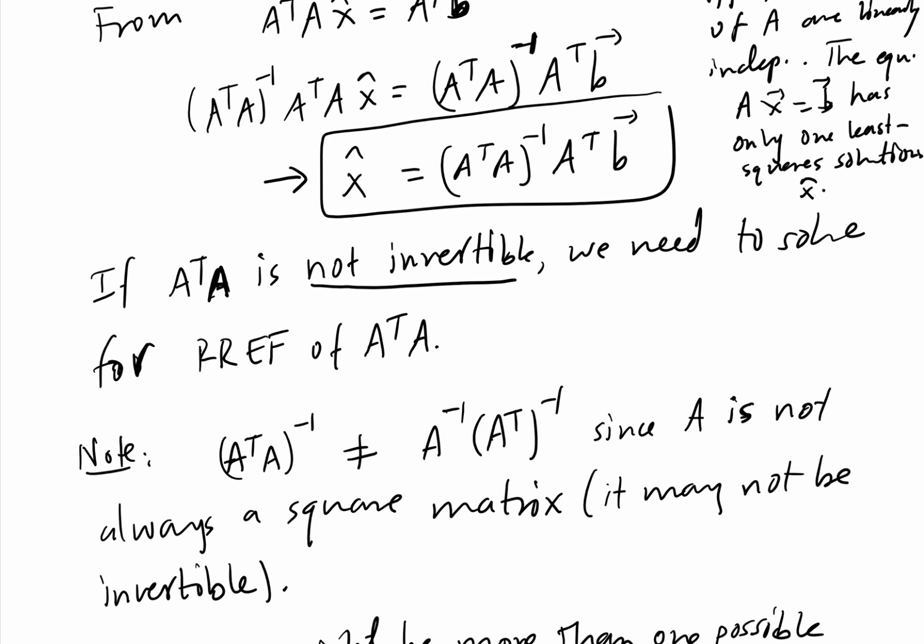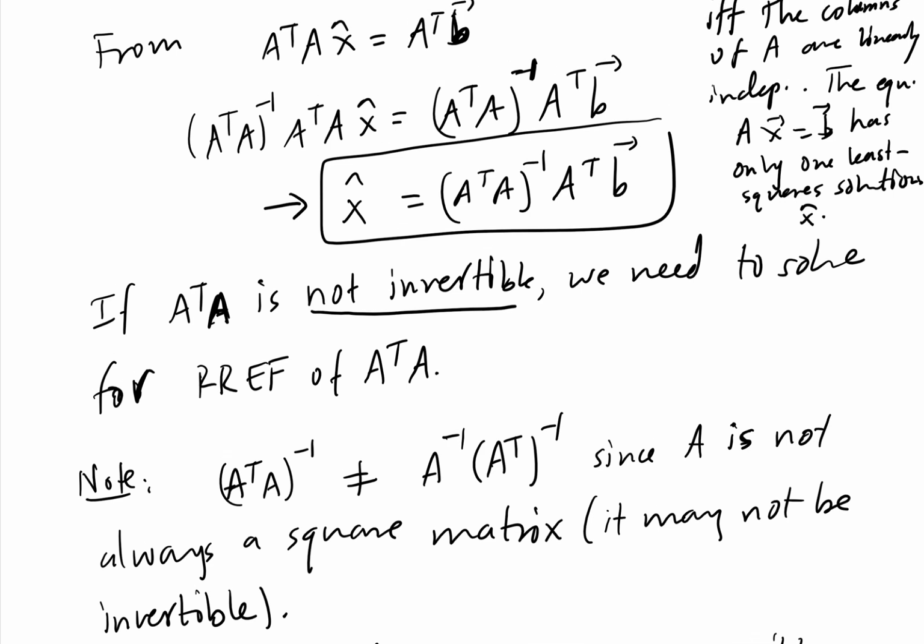So this only works if A is a square matrix. Just keep that in mind. There is another way to calculate the least squares solutions. We'll see if we have time to go over it.